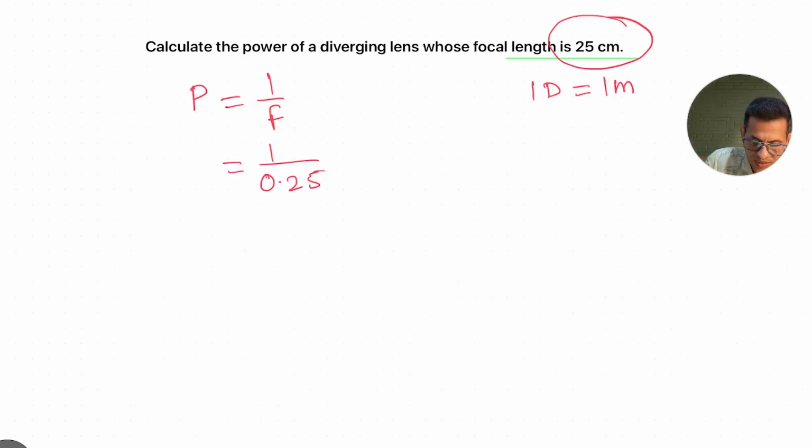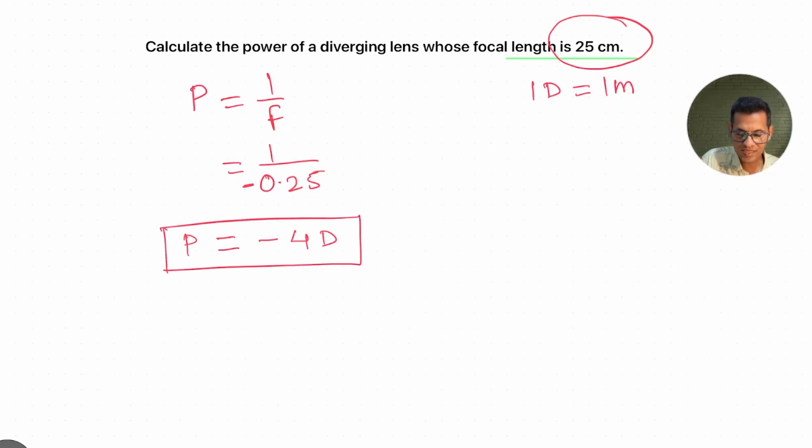Now I have to also take a negative sign here, as I have said calculate the power of a diverging lens. Remember that the focal length of a concave lens is taken as negative. So if I calculate, I'll get the answer as negative 4 diopters. So that would be my answer.